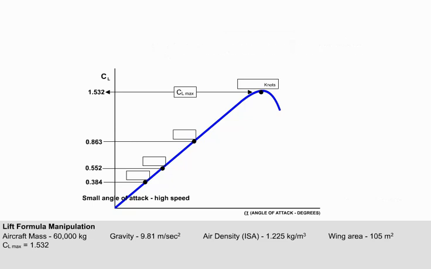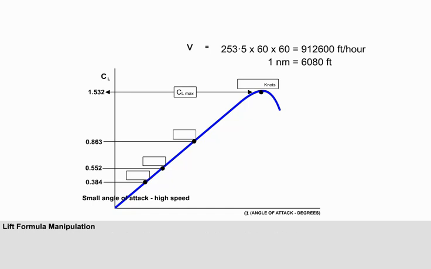To convert this to knots, we need to make it into feet per hour, which is 912,600, and then divide by the number of feet per nautical mile, 6,080, giving the final answer 150 knots.